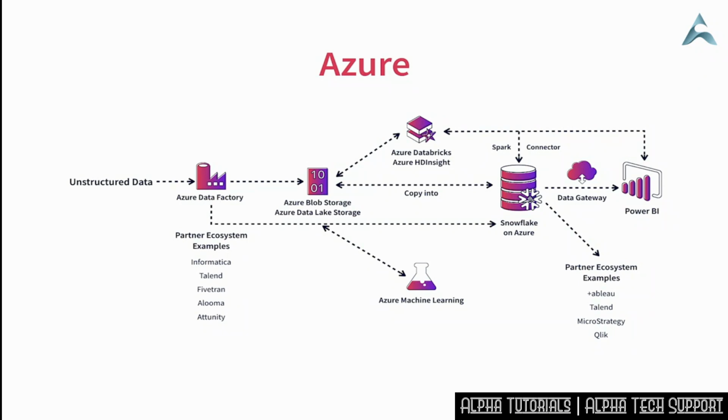We're utilizing the Databricks Spark connector for Snowflake so that we can then process that data and use Power BI for our visualizer through a data gateway, or we could alternatively use some of the partner ecosystem visualizers such as Tableau. Notice also on the left side, we have partner ecosystem for the ingest. So rather than writing all these processes, we could use partners such as Fivetran for streaming, for example.